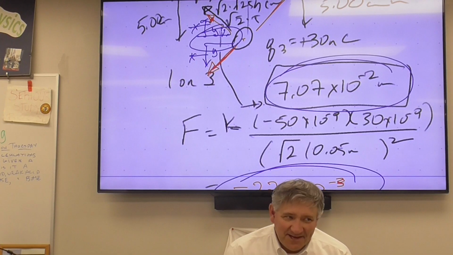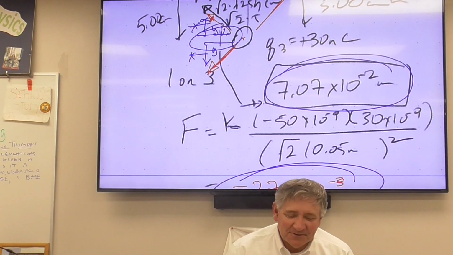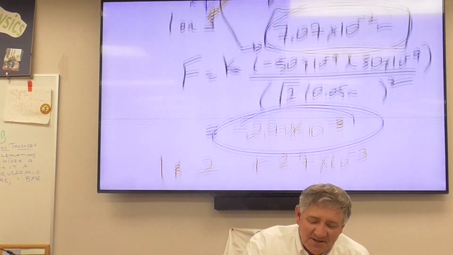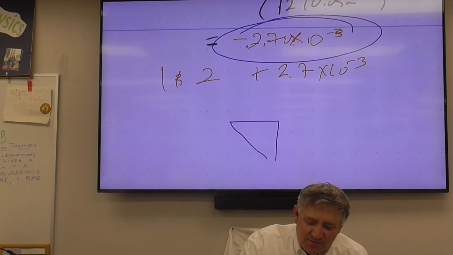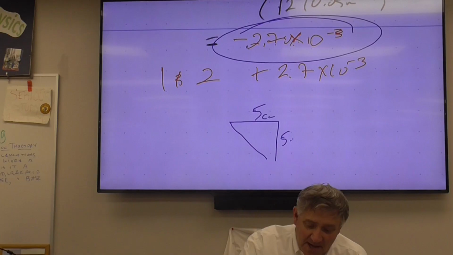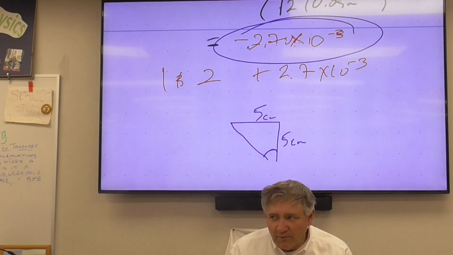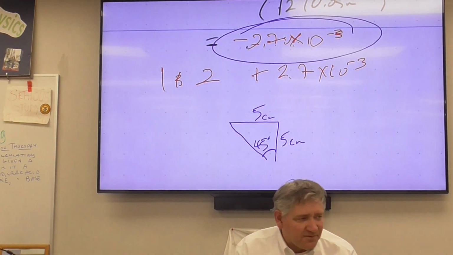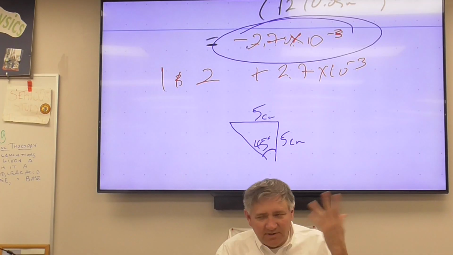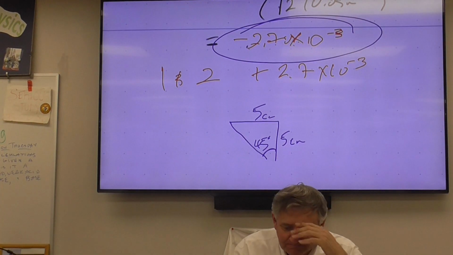The angle. So you knew this was 5 centimeters, and you knew that was 5 centimeters, so what's that angle going to be? 45. Okay, so it isn't bad, because that's just 45 degrees, so you can do sine and cosine and off to the races.